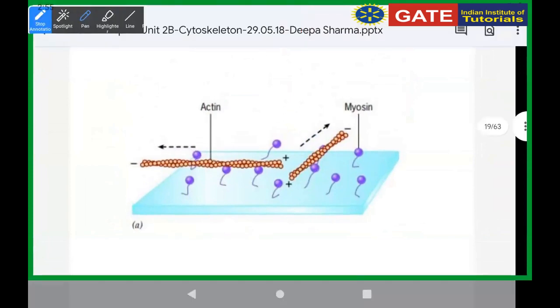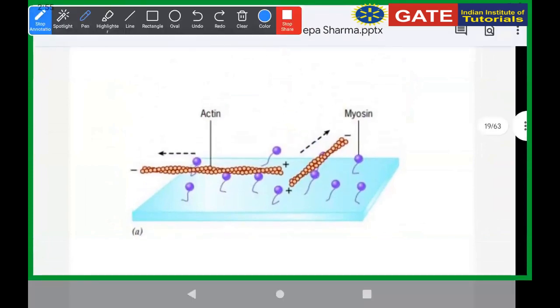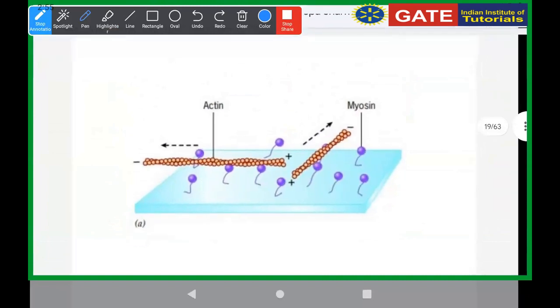This is the globular head of the myosin. This globular head has the ability to bind to the actin subunits. This myosin helps to transfer substances from one part to another. Got it?